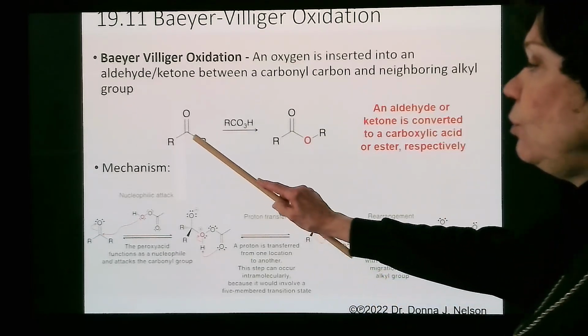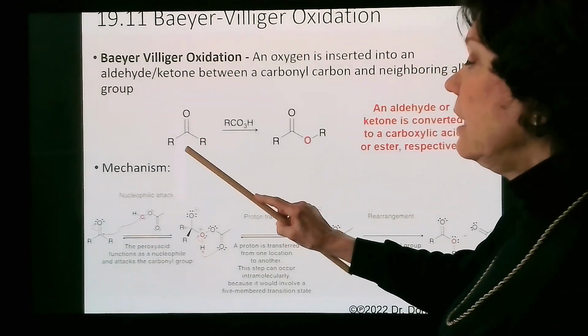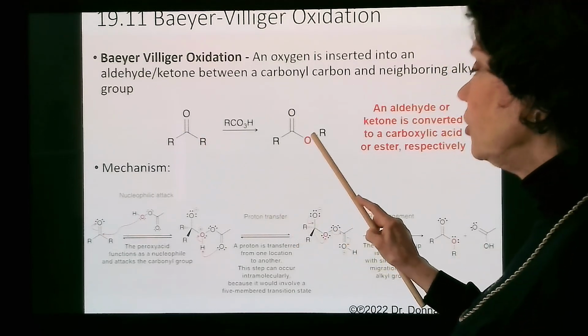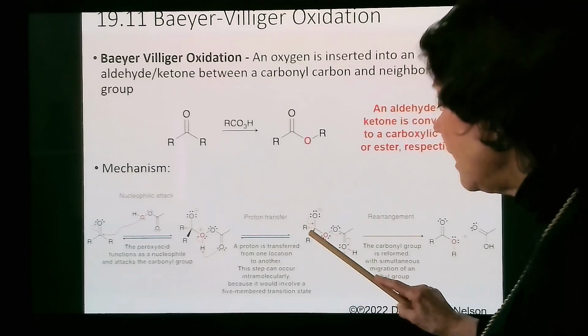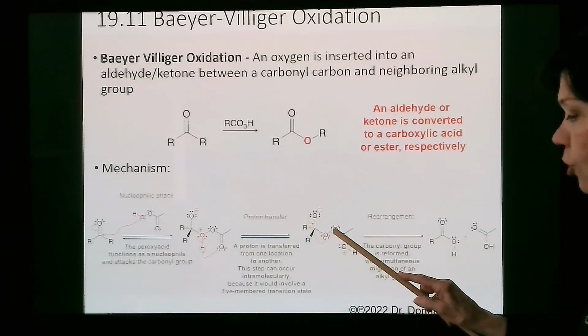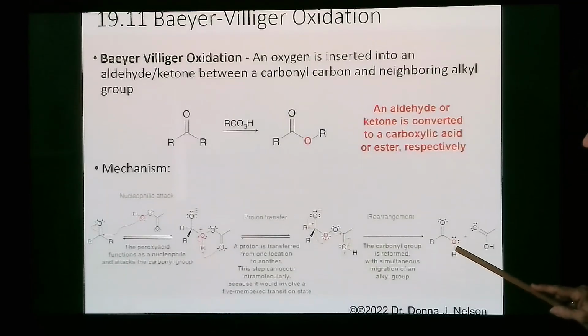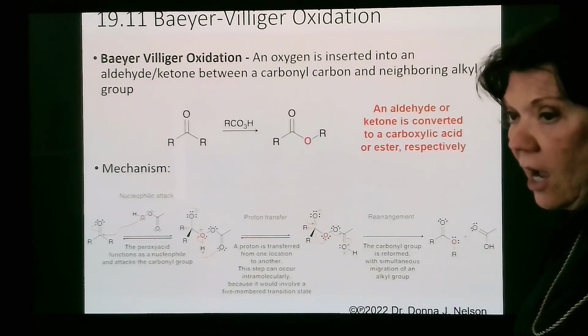Now, if this reaction is depicted with a ketone, if actually the starting material is an aldehyde, this is just as successful. And if the starting material is an aldehyde, then here you have migration of hydrogen to form a carboxylic acid if one of the groups is hydrogen.